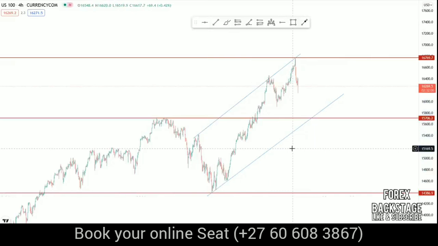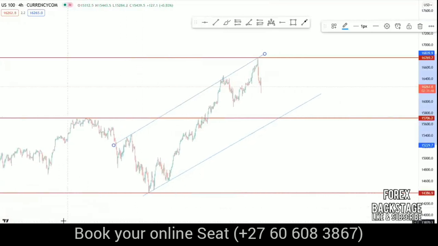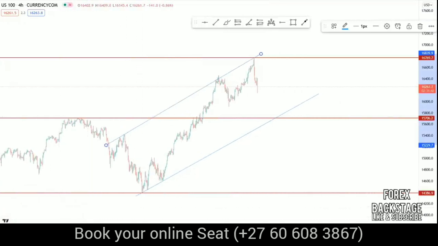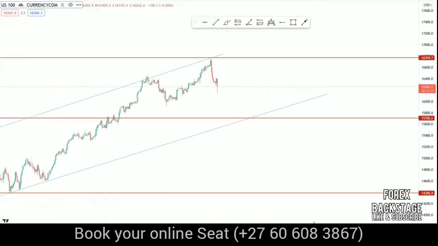So as much as we don't have our third touch, it means the market has to come back and give us our third touch. So you need to expect more selling opportunities than buying opportunities, because in the market the third touch has to be there. If the third touch is not there, then it's a problem, you understand? But the third touch has to be there.